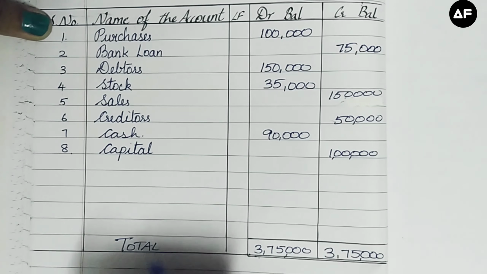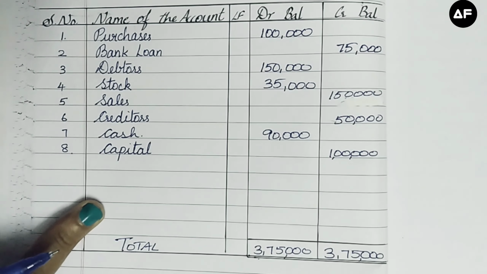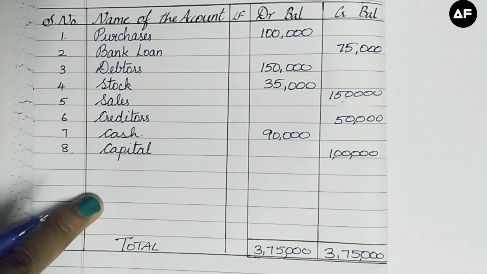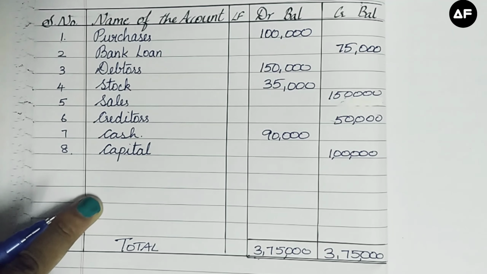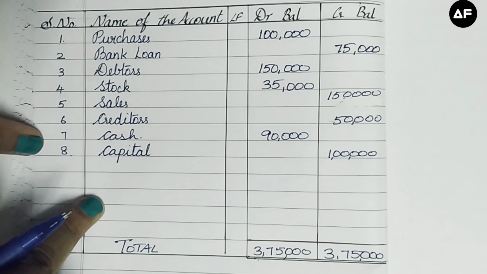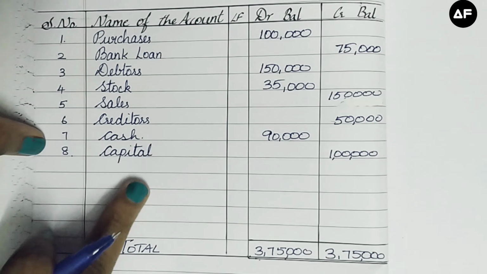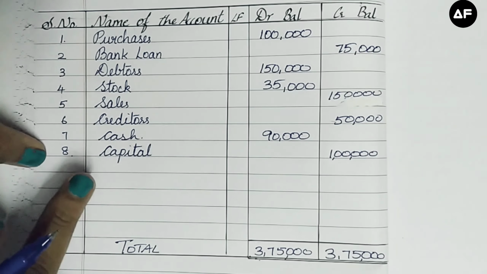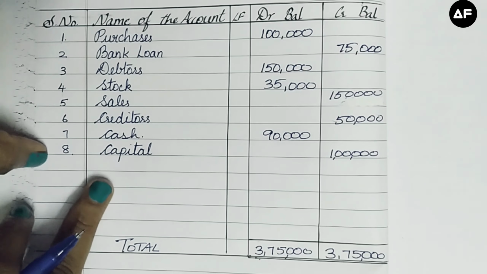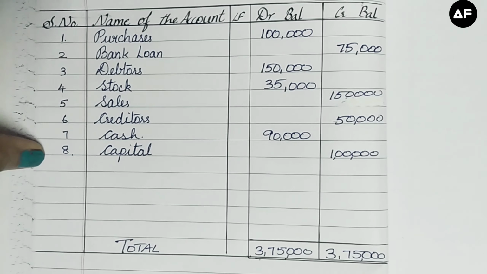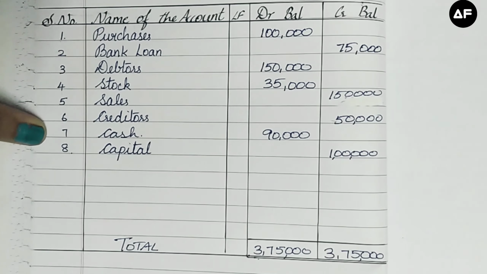The reason why I leave so much space is, in case I get back after finishing my exam and, while checking my answer script, I find I left out 2 or 3 items, or there is a suspense account, I can always include them over here. That is the main reason why I leave this much space. So with this, the trial balance sum has come to an end.